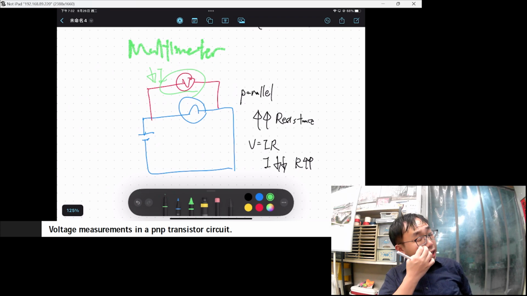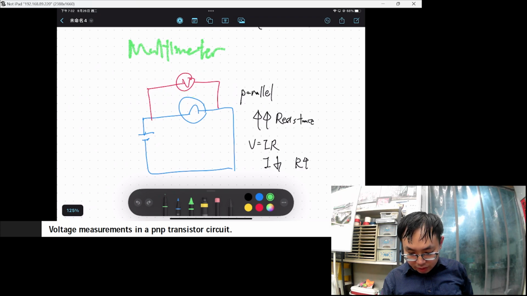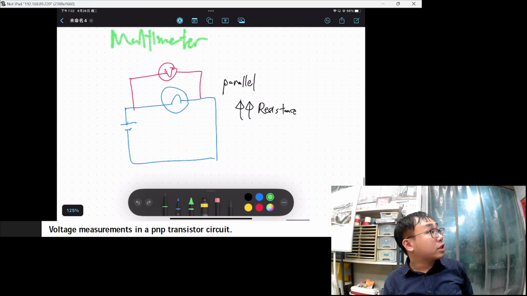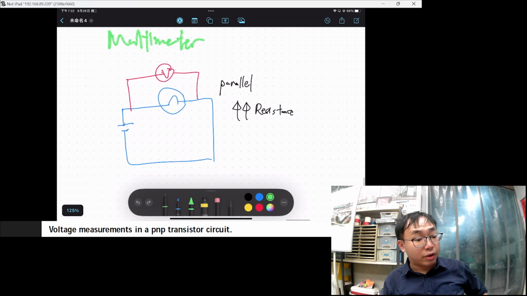It will have a very low current passing through, so that it won't waste a lot of energy on the voltmeter. Okay? And we won't put it in the circuit. We put it in parallel. Okay, parallel.